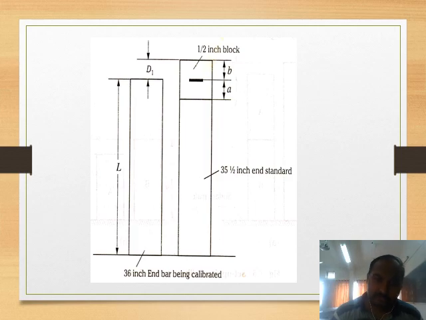So 35.5 inch plus A plus D1 will be equal to the 36-inch end bar plus this B. Similarly, when I replace this half inch block with the one I mentioned as C and D, then I can calculate D2. This is the method of transferring the line standard to the end standard.